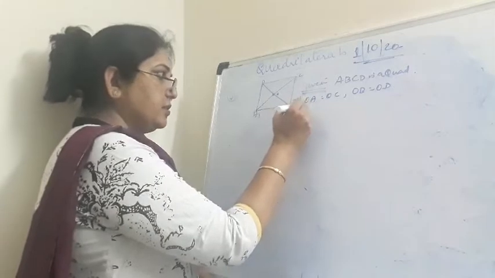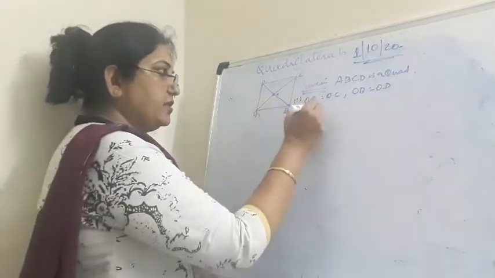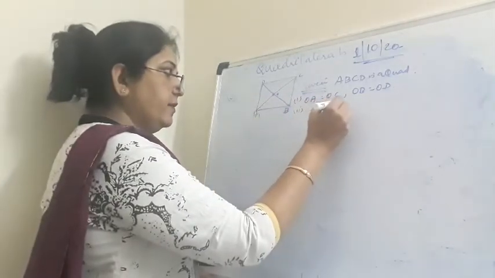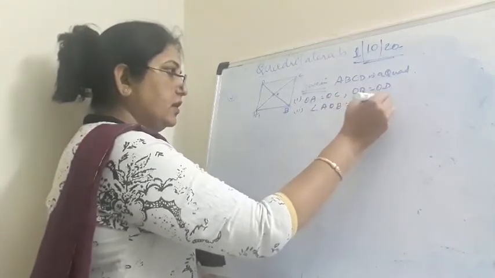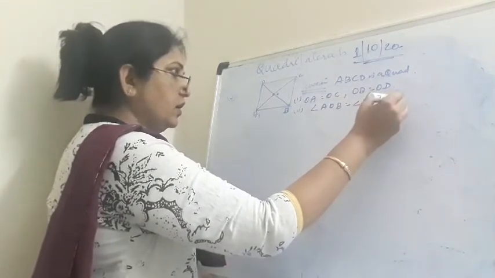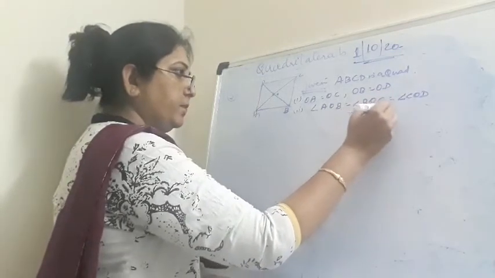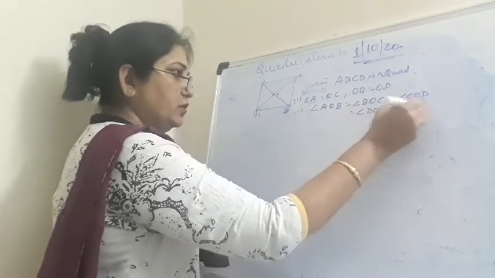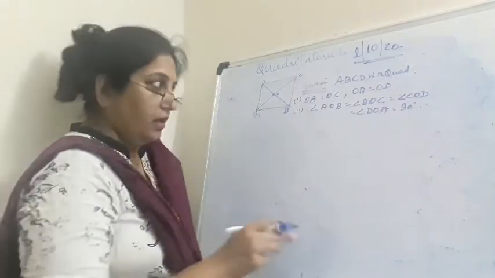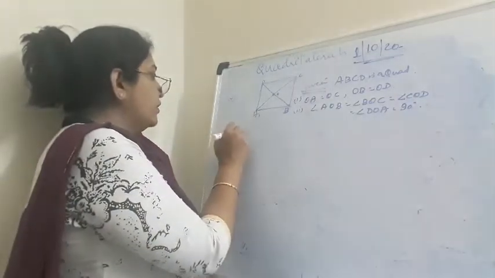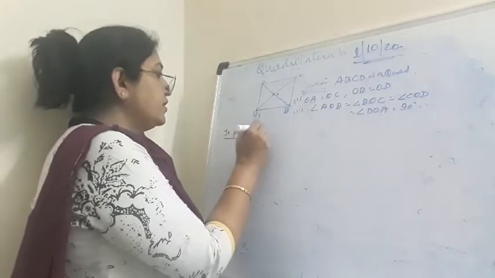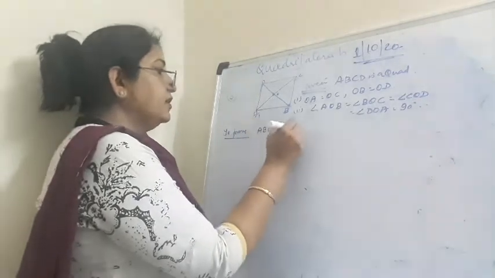And the next part is they are bisecting each other at right angles, means angle AOB is equal to angle BOC is equal to angle COD is equal to angle DOA, and all the four angles are equal to 90 degrees. This is given.